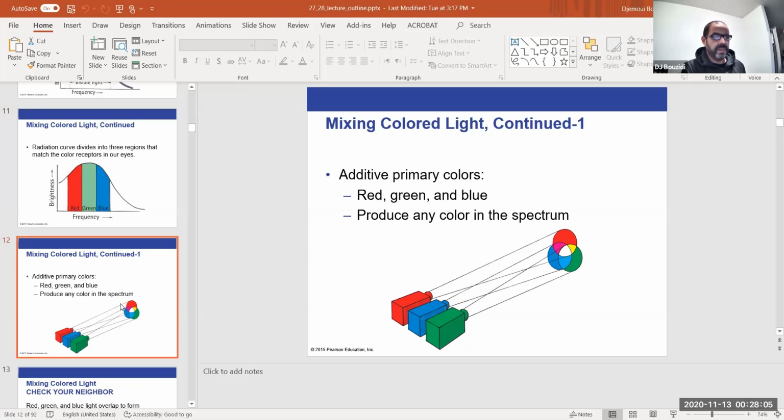For example, the red and the green give you the yellow. The red and the blue give you the magenta color. The blue and the green give you in this case the cyan color.